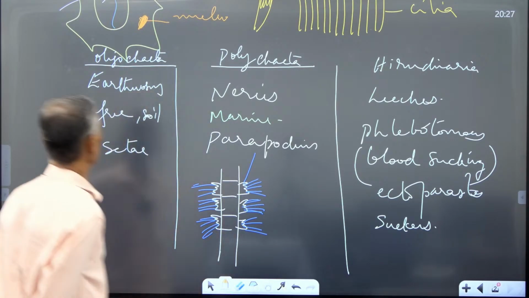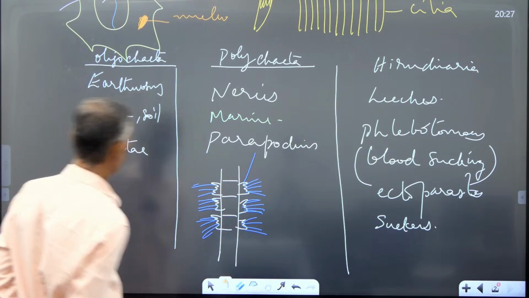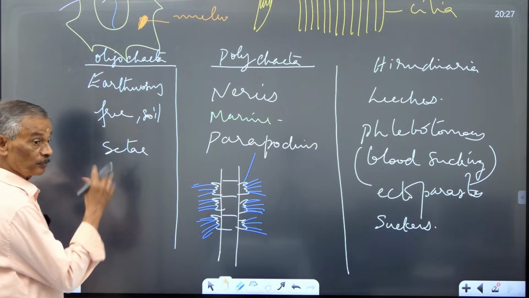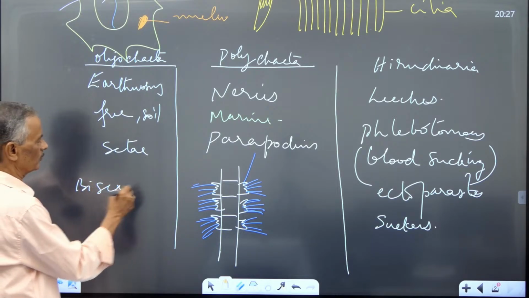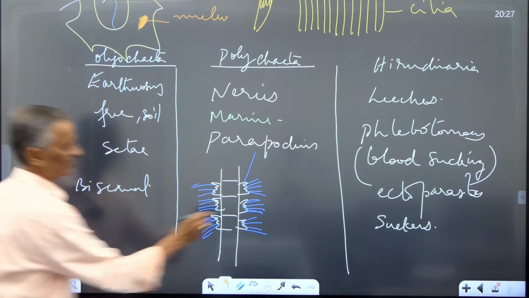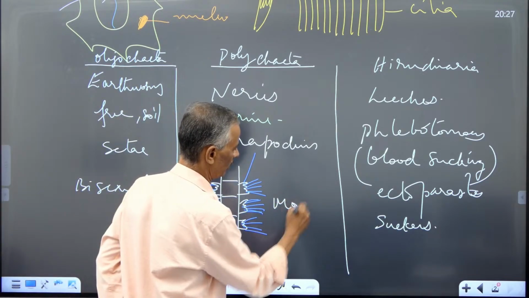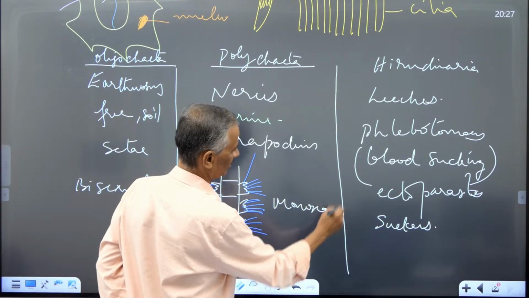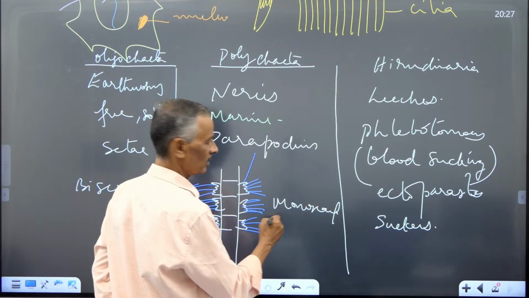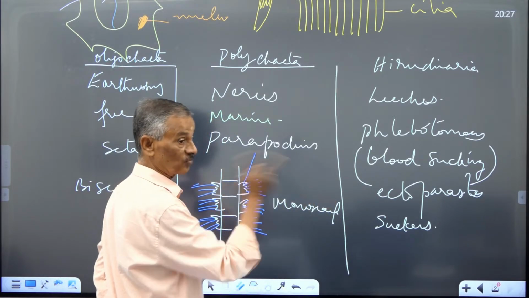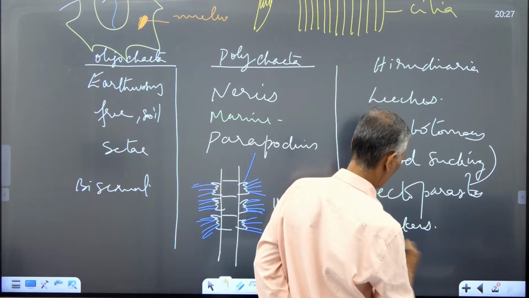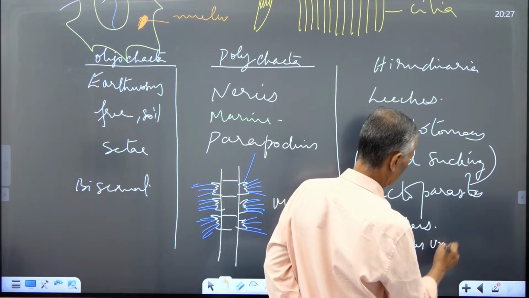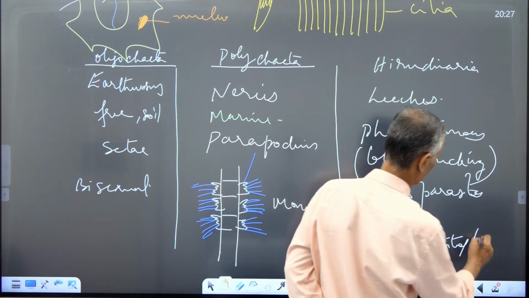See, in Oligochaeta, earthworm, sexes are united. They are all bisexual, whereas in some others it is monosexual, that is, males and females are different. Here also, sexes are united or bisexual.